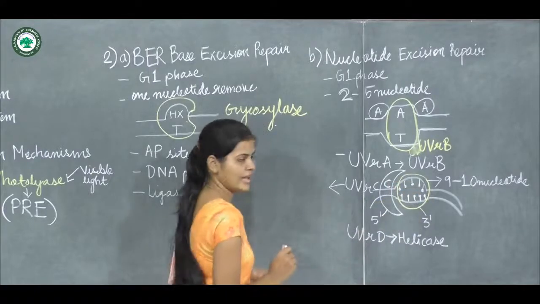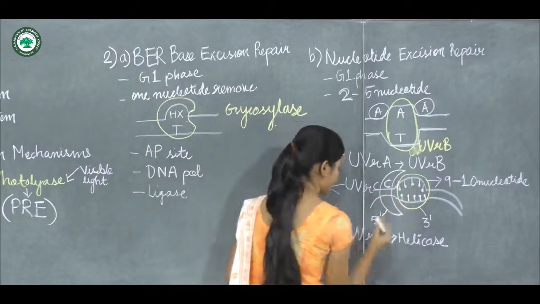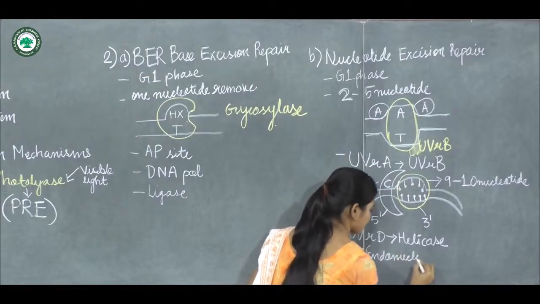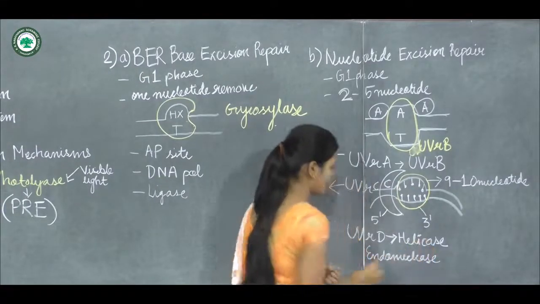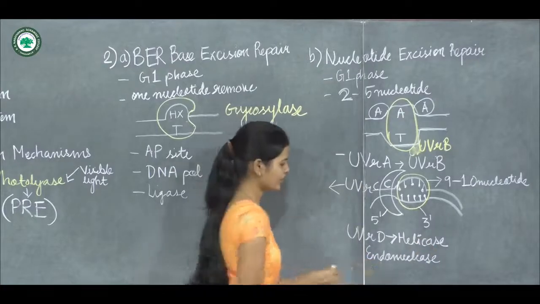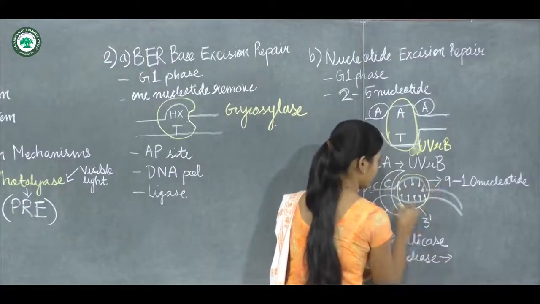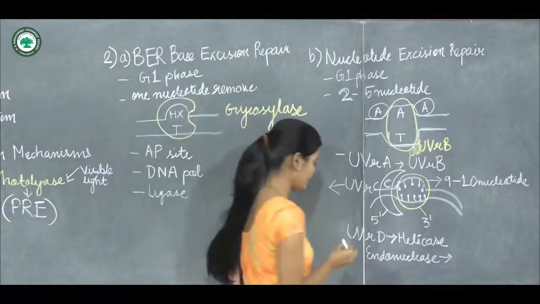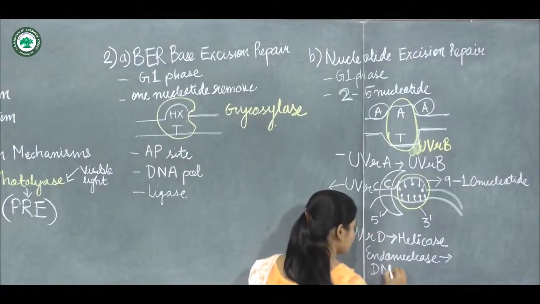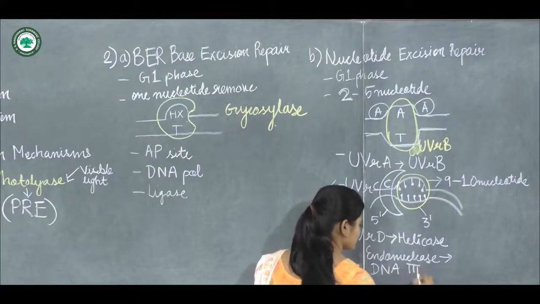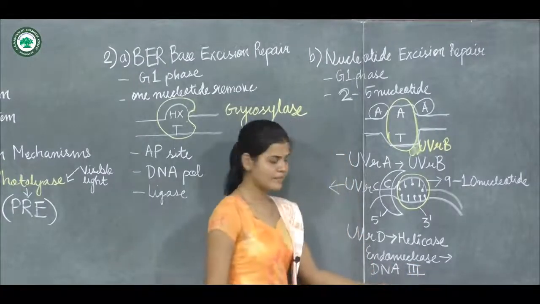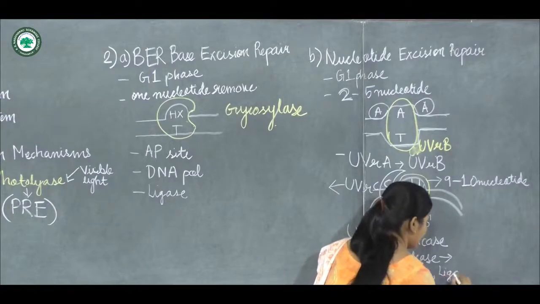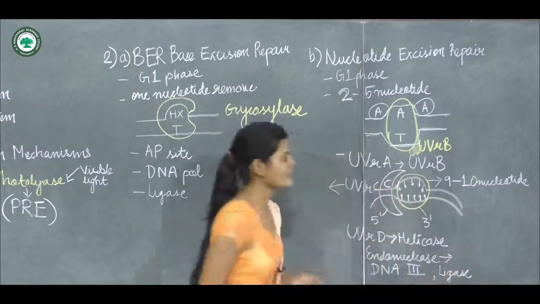Now after that endonuclease will come and it will remove the wrongly incorporated nucleotide. After that, DNA polymerase III will fill the gap, and one more enzyme, that is ligase, will seal the gap.